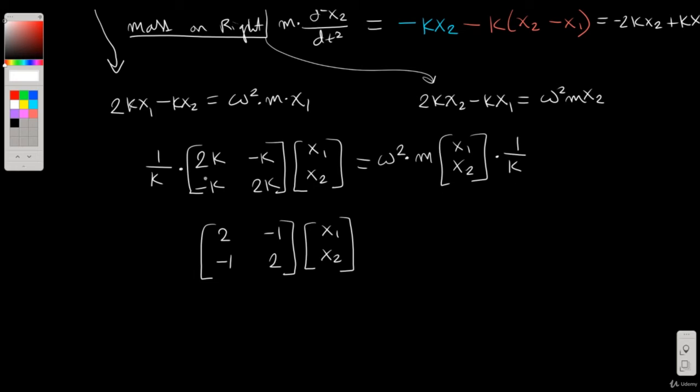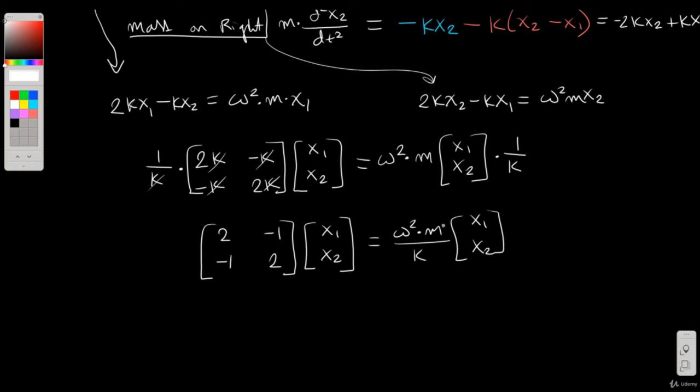And this allows me to get rid of all of the k's here, and I'm effectively left with all of these constants. Omega squared times m over k is equal to x1, x2.